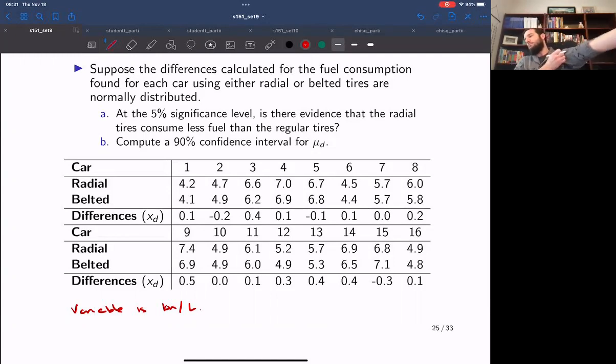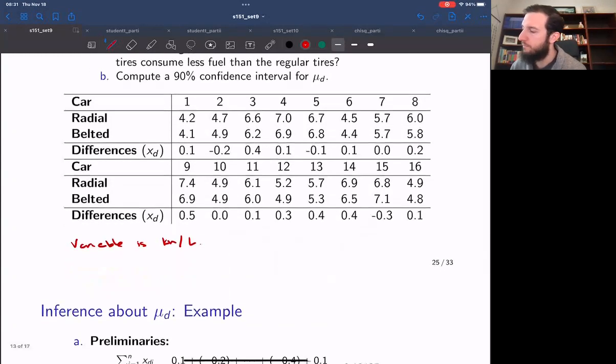All right. So because we have a paired structure, we're going to start by computing the differences, which I went over before, but just as a reminder here, I'm just taking radial minus belted in each case. I'm just following this through, so I have a difference, and I'm doing that for each car.